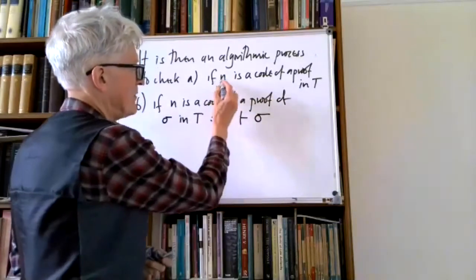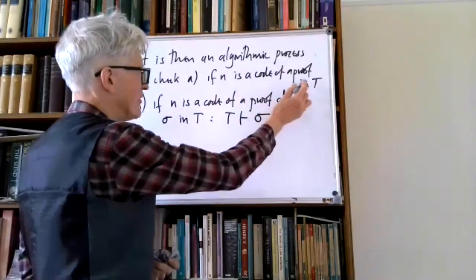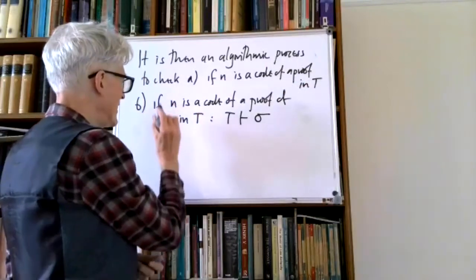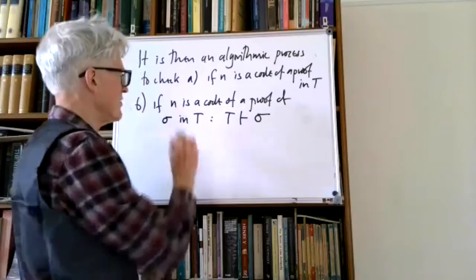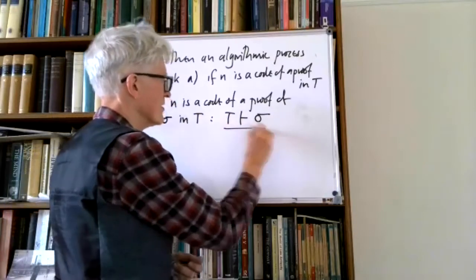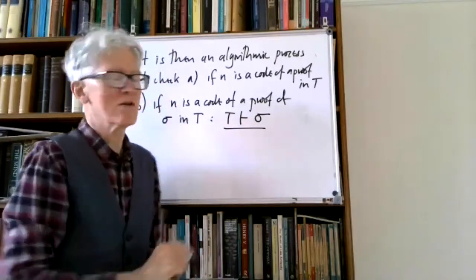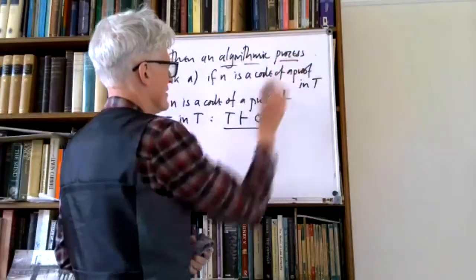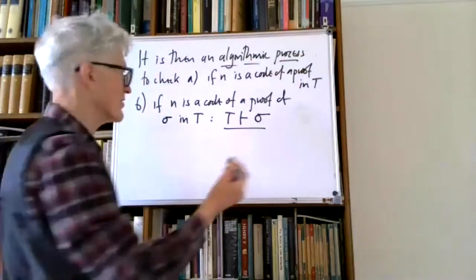Given a number n, we can check if it's a bona fide code of a proof. You give me an n and a sigma, and I can check whether n codes a proof whose last line is sigma. So these can be given to us by recursive functions.